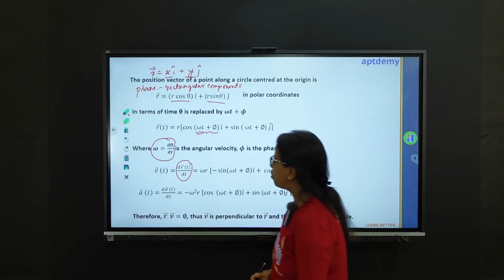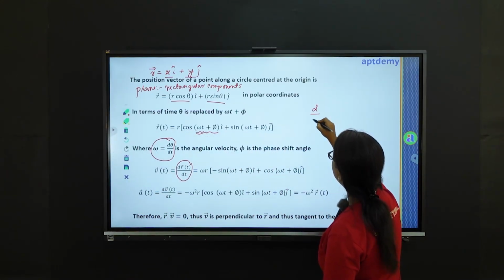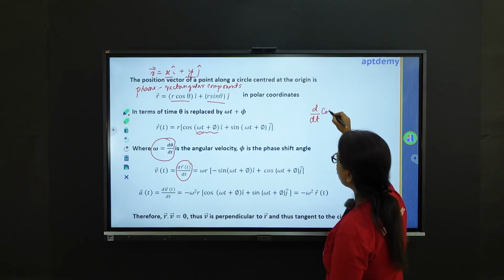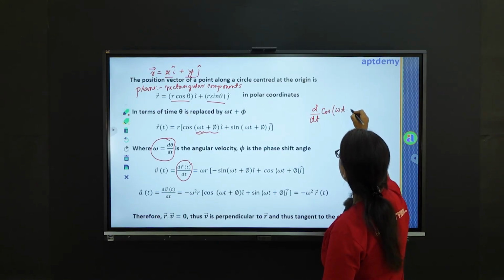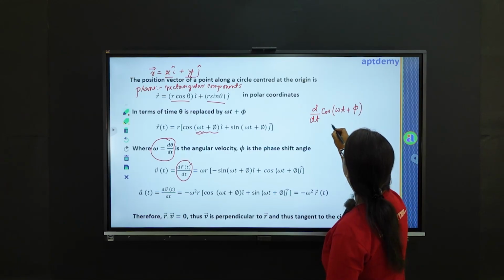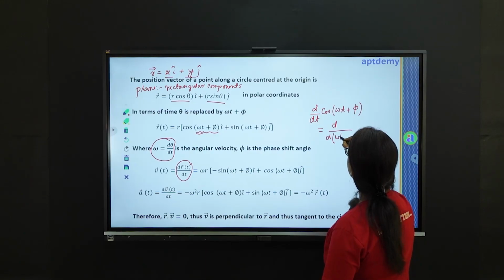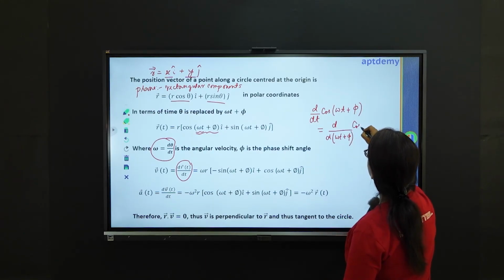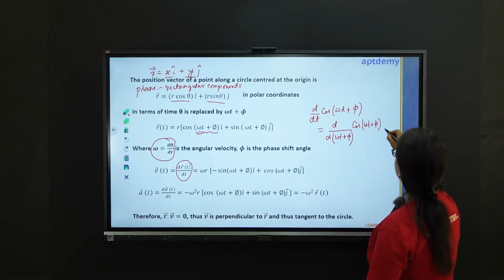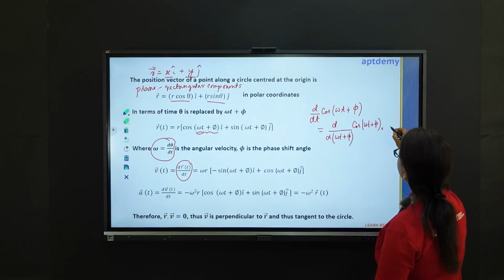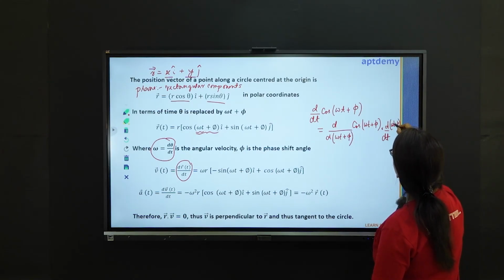Let me try to show this to you. This is d by dt of cos of omega t plus phi, which is actually, you can write this as d by d of omega t plus phi of cos of omega t plus phi, multiplied by d by dt of omega t plus phi.